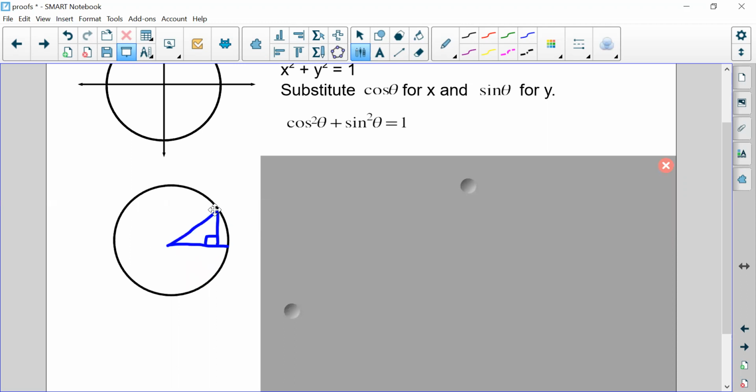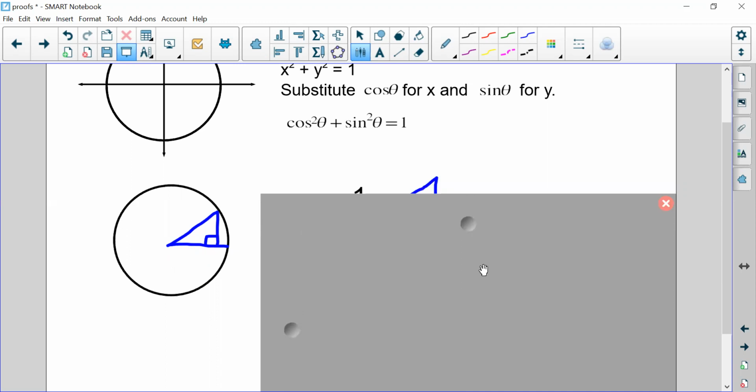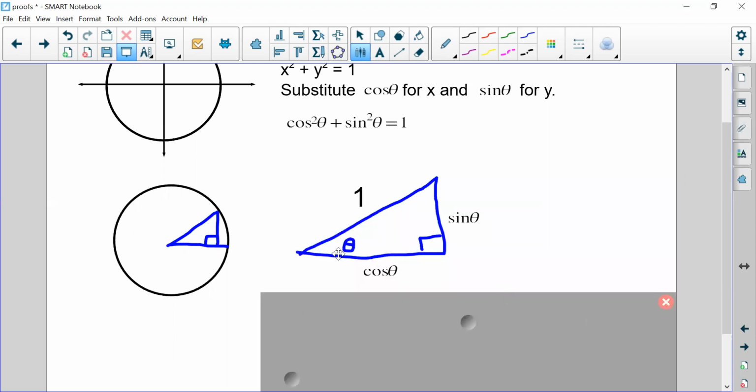If I want to get to this point right here, I'd have to go to the right an x amount. Well, x is cosine. And then to get up to this point, I had to go up a certain amount. So that's the y value, but y is sine. So I've got a triangle with cosine along the horizontal leg, sine along the vertical leg, and then the hypotenuse is 1.